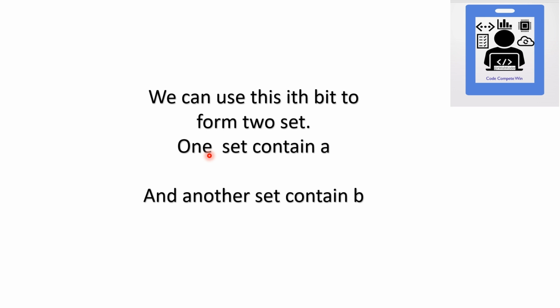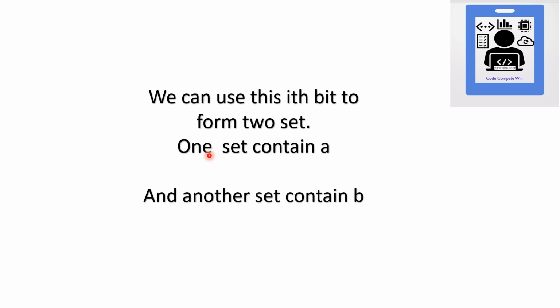One set contains A and another set contains B. Set 1 will contain all the elements whose ith bit is on, and set 2 contains the elements whose ith bit is off.